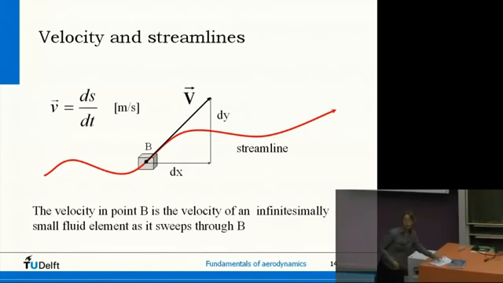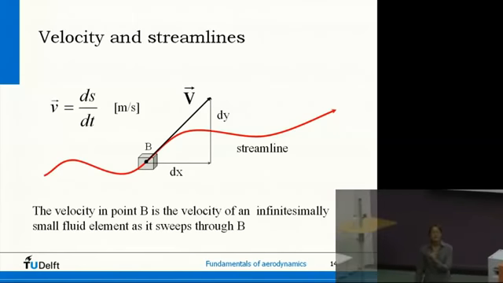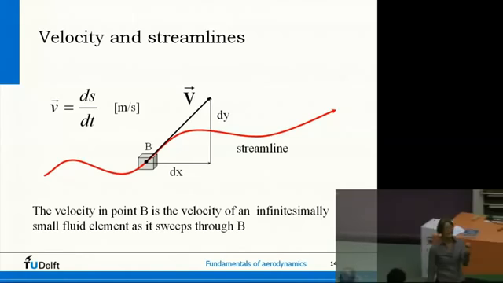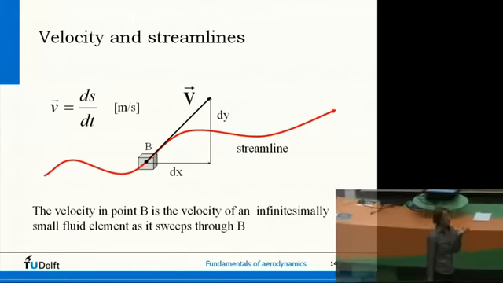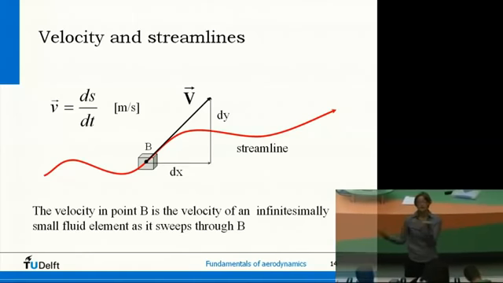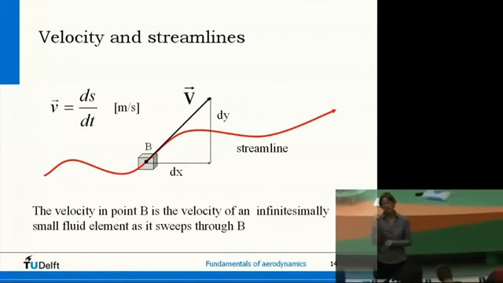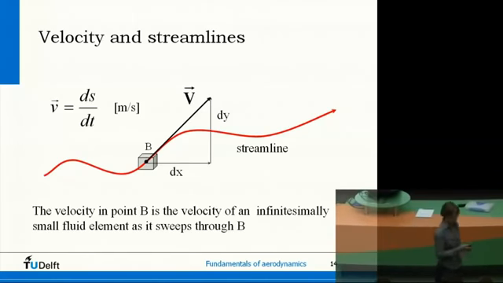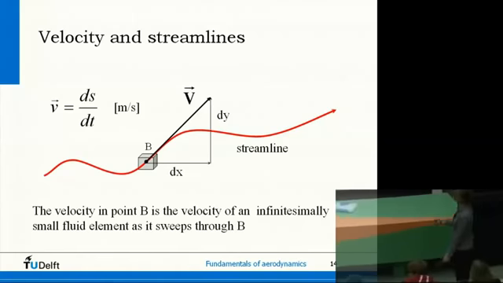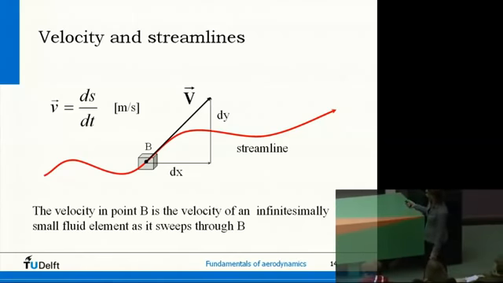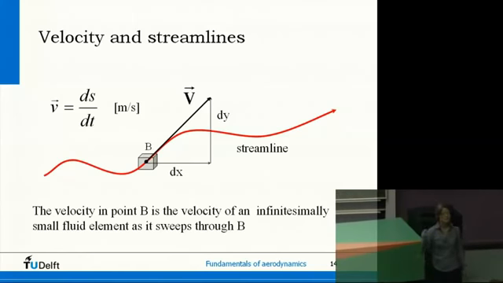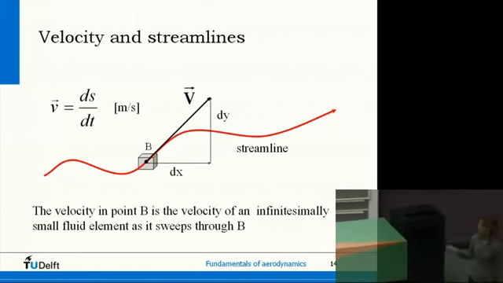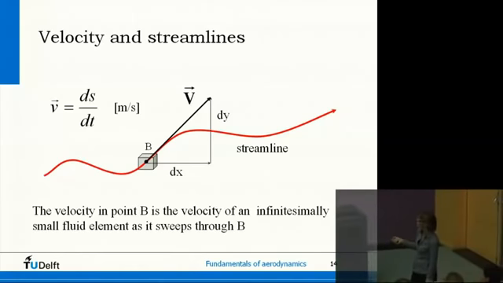So these were all point properties and scalar quantities. Pressure, density, temperature are scalar values. Of course, in the flow, we also have velocities. And velocity doesn't only have an absolute value, a speed, but also a direction. So we have a vector, a velocity vector. And then an important definition is a streamline, and that is the path fluid particles follow. Suppose there's a specific flow, and this red line is the path that this particle follows, and at a certain instant, its velocity is this arrow.